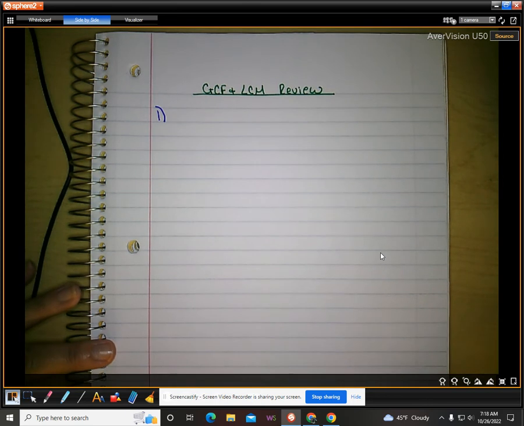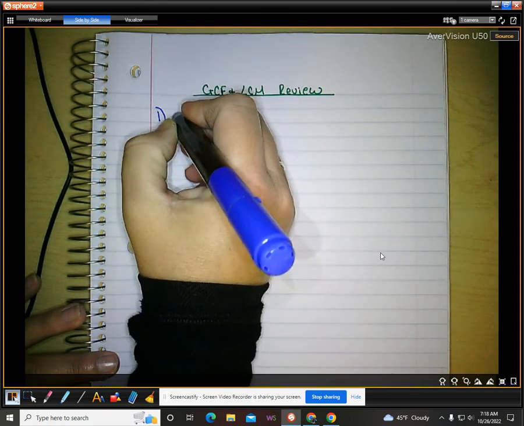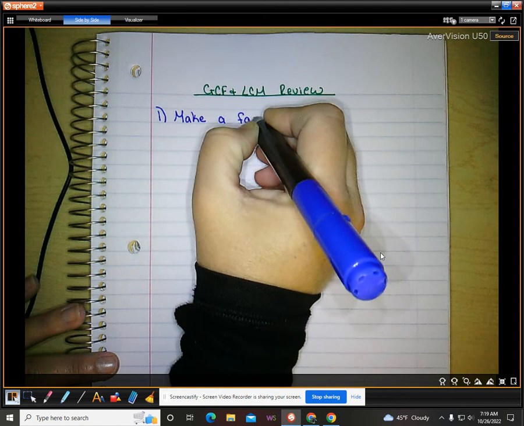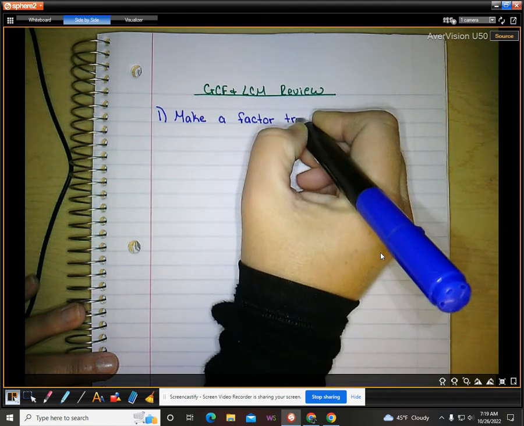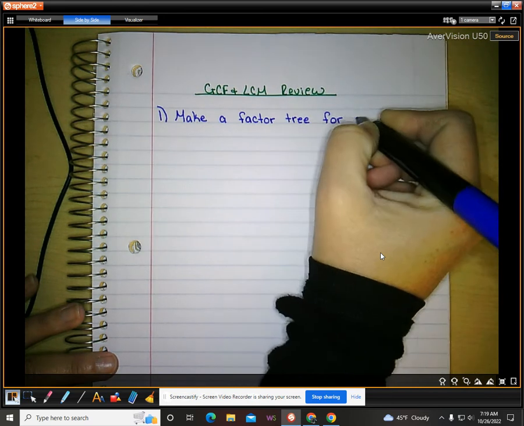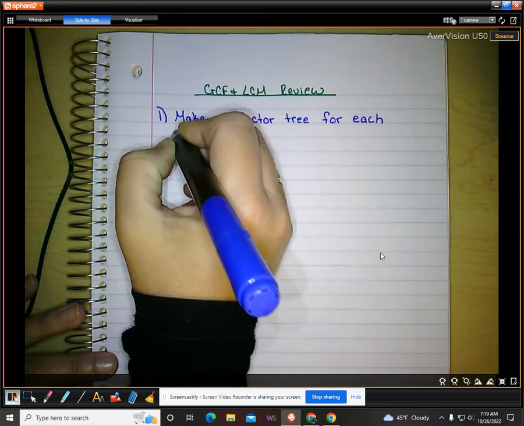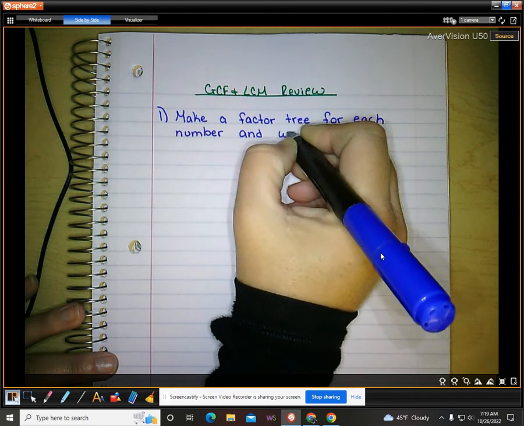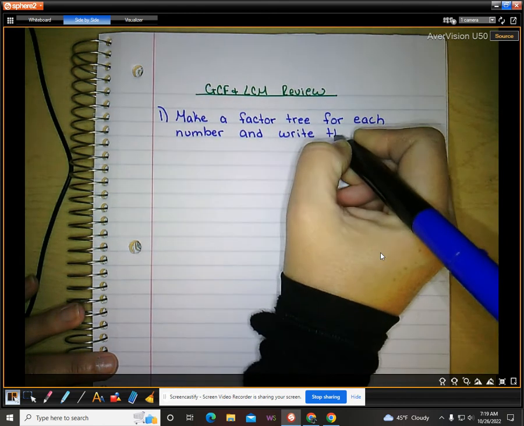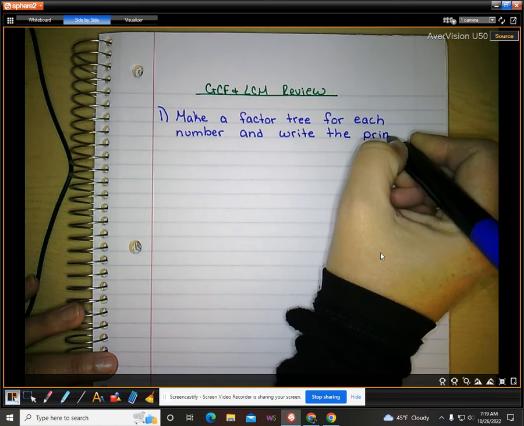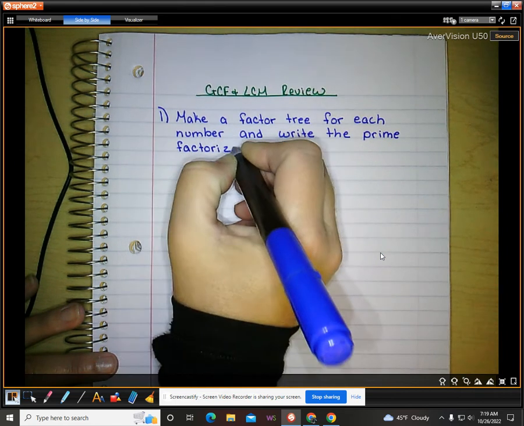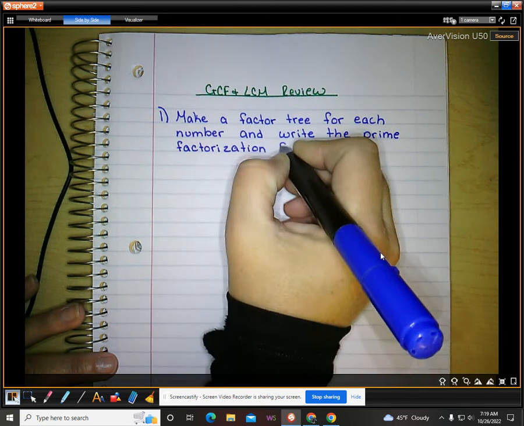So, the very first thing you have to do, whether you're finding greatest common factor or least common multiple, is make a factor tree for each number, and write the prime factorization for both numbers.